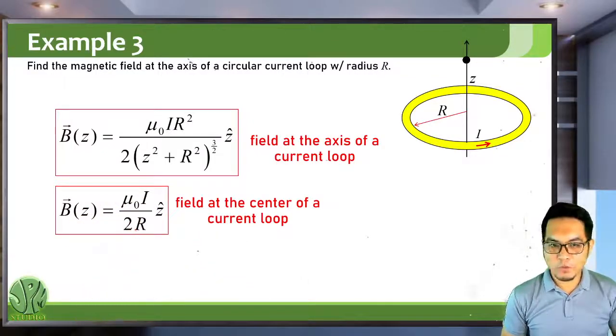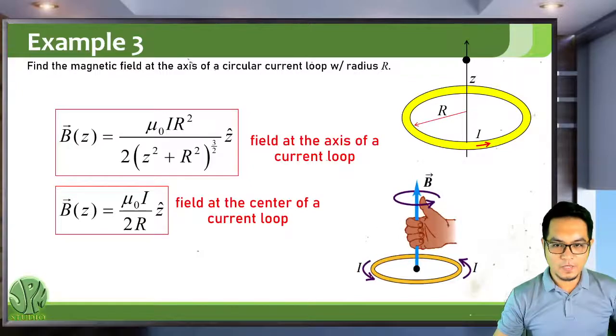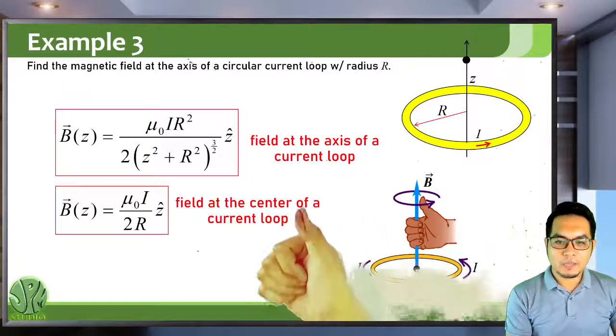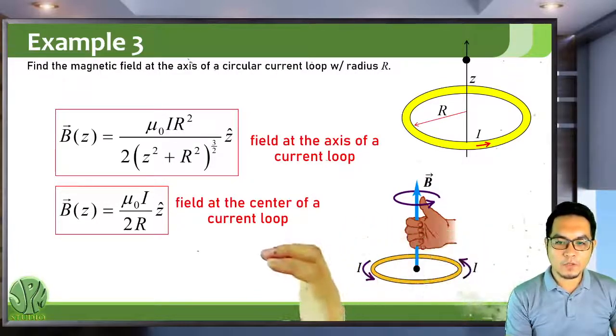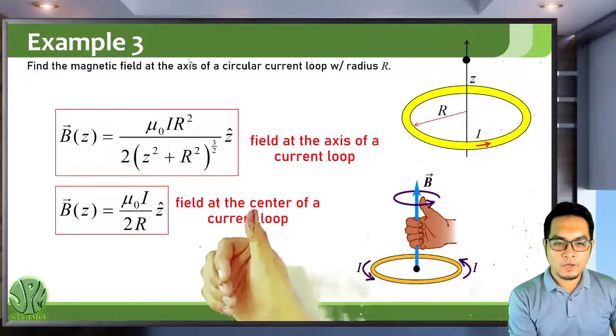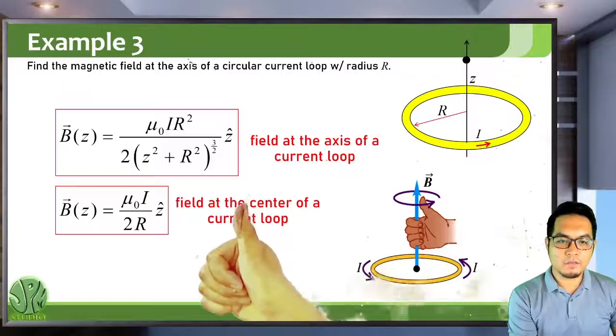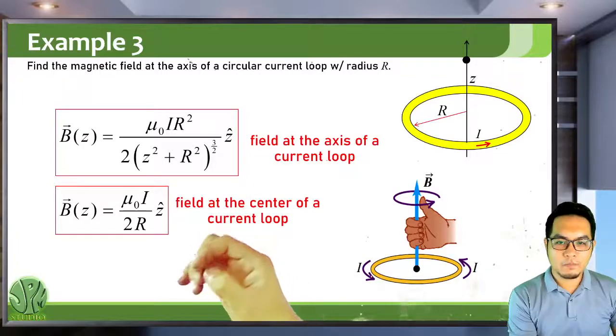Actually, you have always been using this result in your basic electromagnetism. It follows the right hand rule. The direction of the magnetic field of a current loop follows the right hand rule. If the direction of the current is your fingers, then the direction of the thumb is your magnetic field.